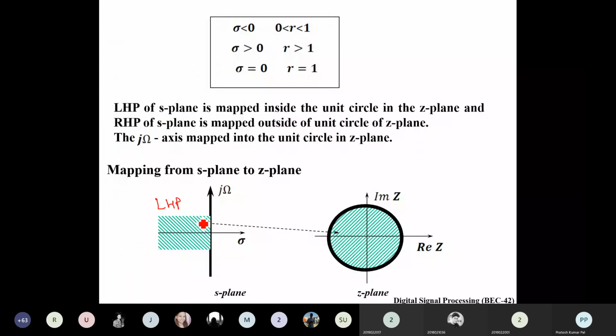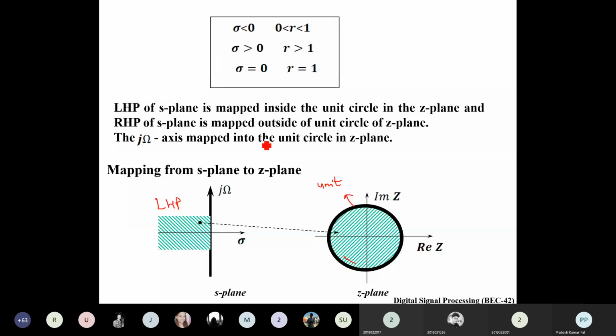so we are considering only the stable system. A stable filter will be one having its poles on the left half of the s plane. So this left half of the s plane should map within the unit circle.